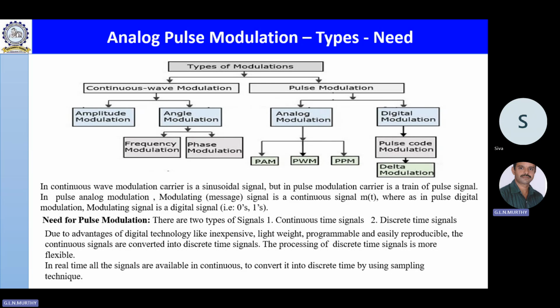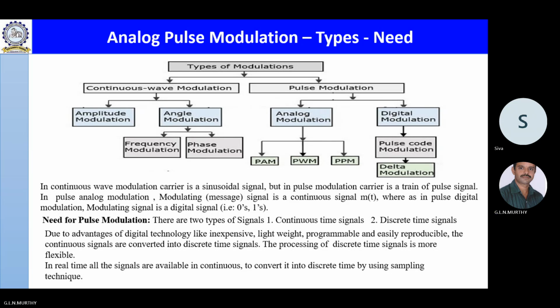Then how to use digital technologies for this? The answer is sampling. Sampling is the fundamental technique in communication which converts a continuous time signal to a discrete time signal. By definition, sampling is the process of converting continuous time to discrete time.